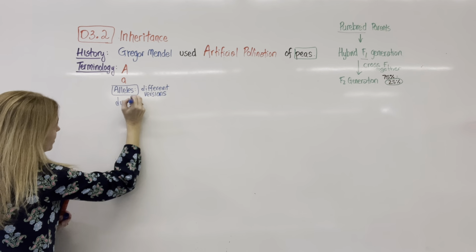From the F1, that was what was used to determine the dominant allele. The dominant allele is going to be the allele that is seen in the hybrids or the heterozygotes. And what shows up here in the 25% is the still present recessive allele.